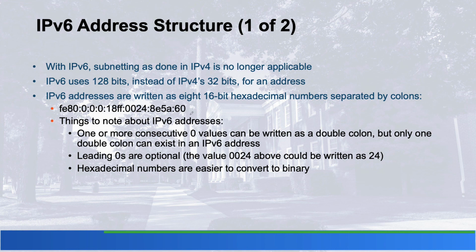The IP version 6 address is hexadecimal. So we're moving from using decimal to represent the number to hexadecimal. Hexadecimal numbers are 16-bit numbers. This is what an IP version 6 address looks like. Notice it has letters as well as numbers in it.